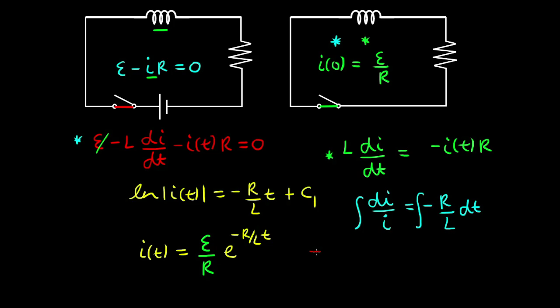And again, taking our time constant as the inductance over the resistance, we can rewrite this as e to the minus t over tau. We'll analyze the time constant in more detail when we analyze this solution.